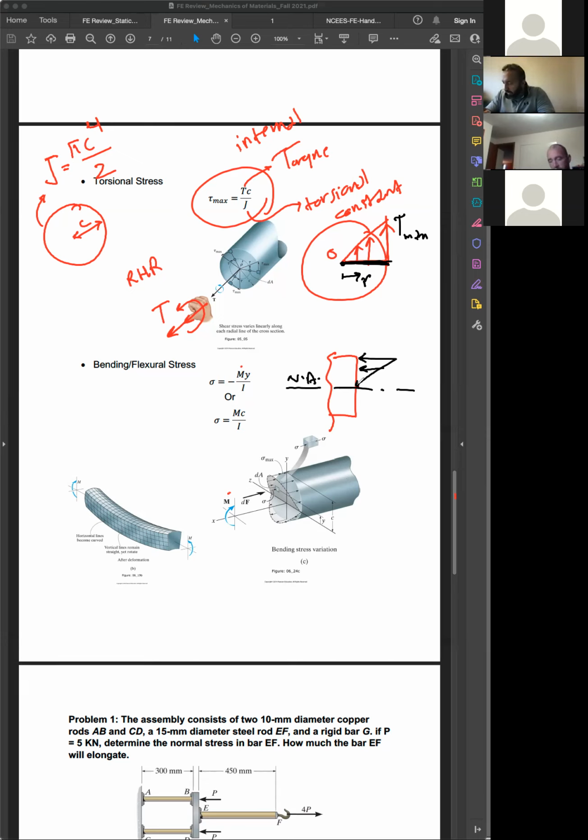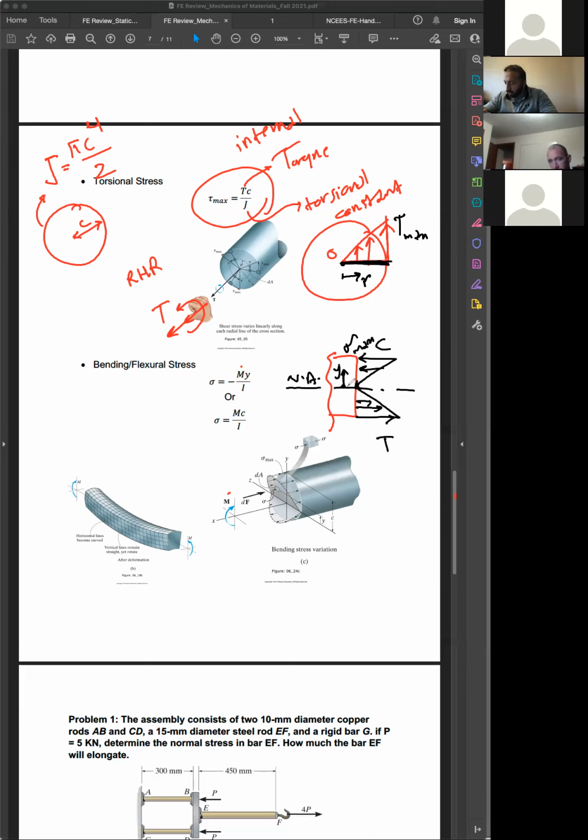It goes less and less, reaching the neutral axis, and then it goes in the other direction on the other side. For example, you would say it is compression on top, tension at the bottom, and it is maximum on the farthest fiber away from the neutral axis.